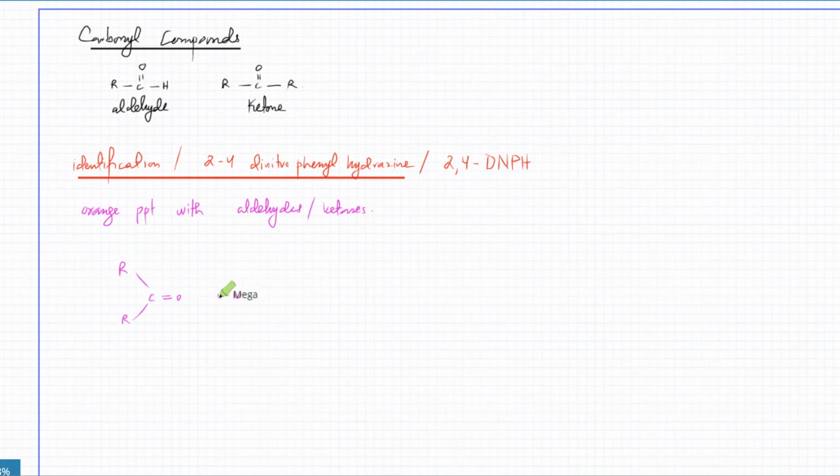It's a hydrazine, which is like ammonia with 2 nitrogens, and there's a benzene ring. So you've got a benzene ring.